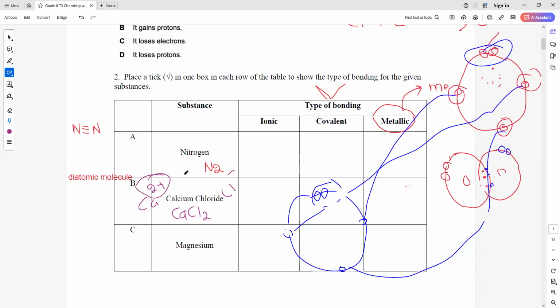To attract these 2 plus, we need two minuses, so we will have 2Cl minus, right? So between this Cl minus and this Ca2 plus, and this Cl minus and this Ca2 plus, there will be an electrostatic attraction. So that is called ionic bond.